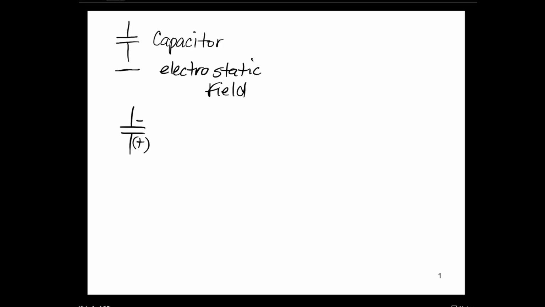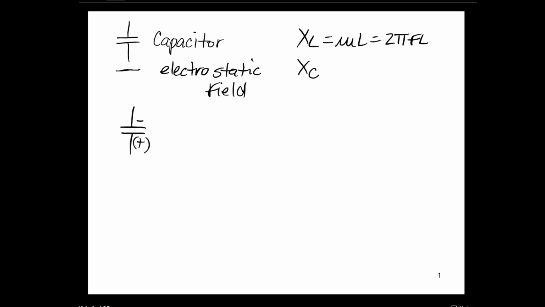If we take as an example what we've learned for inductive reactance, XL, XL has a direct relationship with frequency, so XL equals omega L, or 2 pi FL. And for capacitance, we have XC.